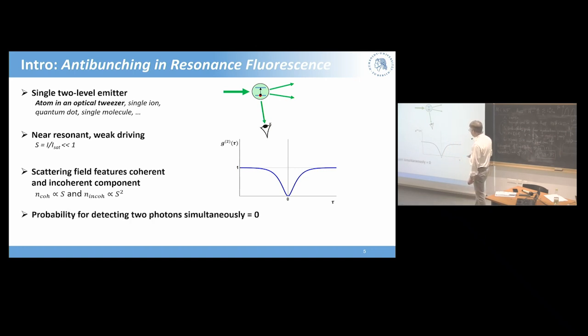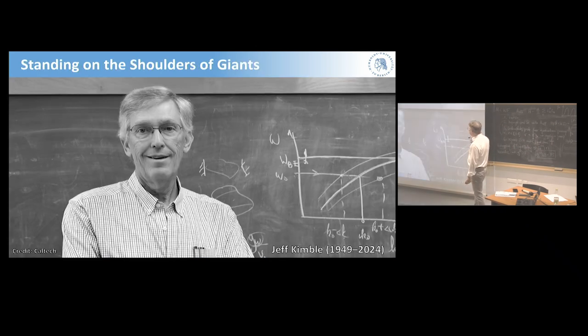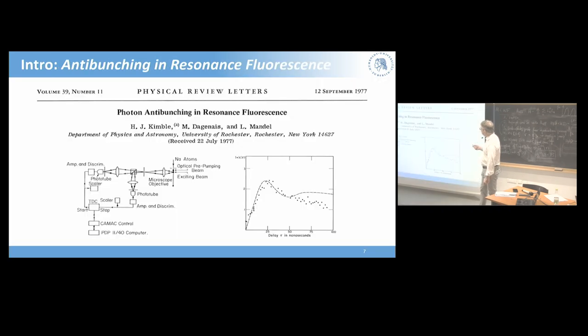And that means that the probability for detecting two photons simultaneously is 0, and I can say that with certainty because we are standing on the shoulders of giants, and in this case on Jeff Kimble's shoulders, who sadly passed away last year.